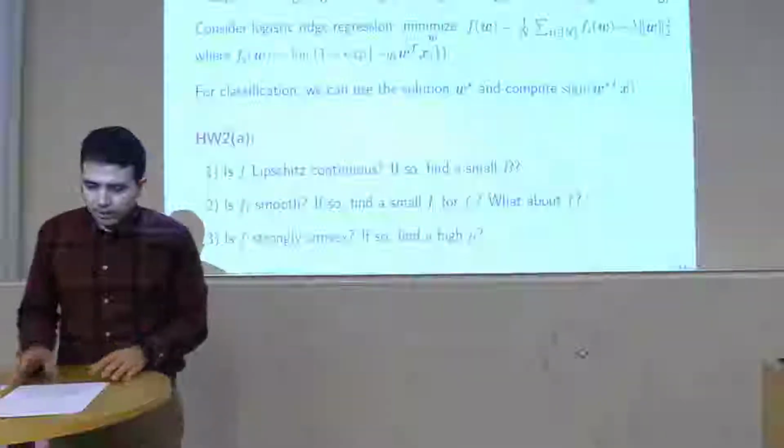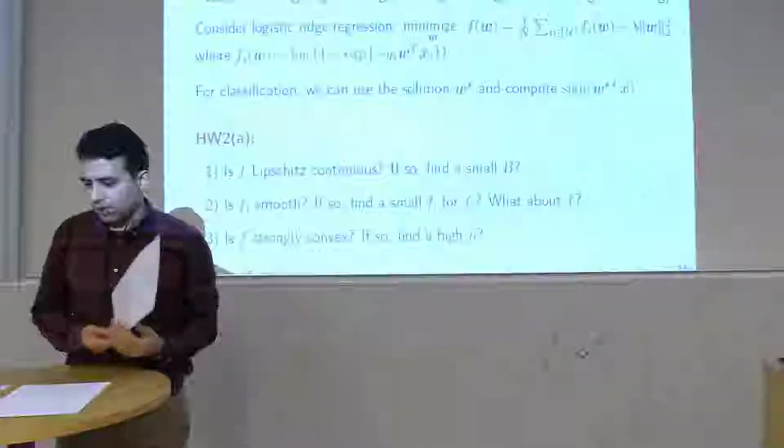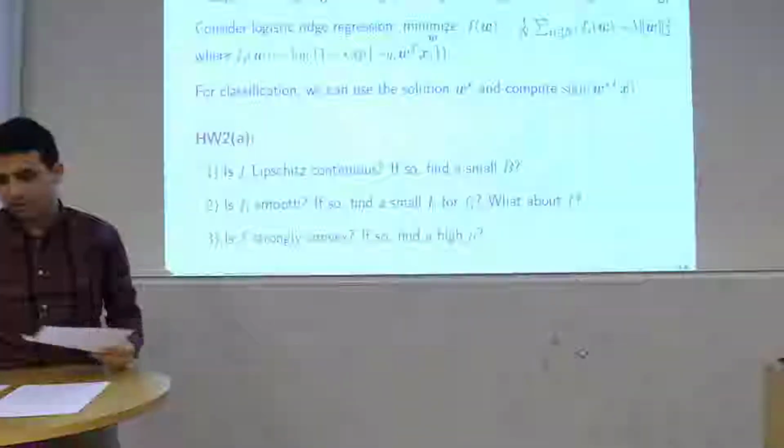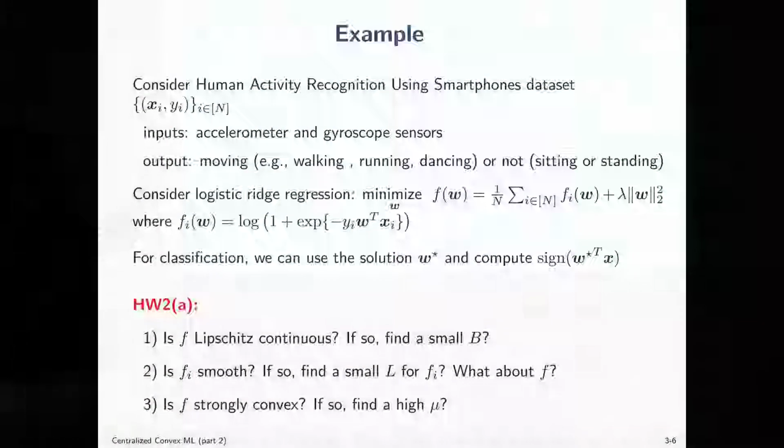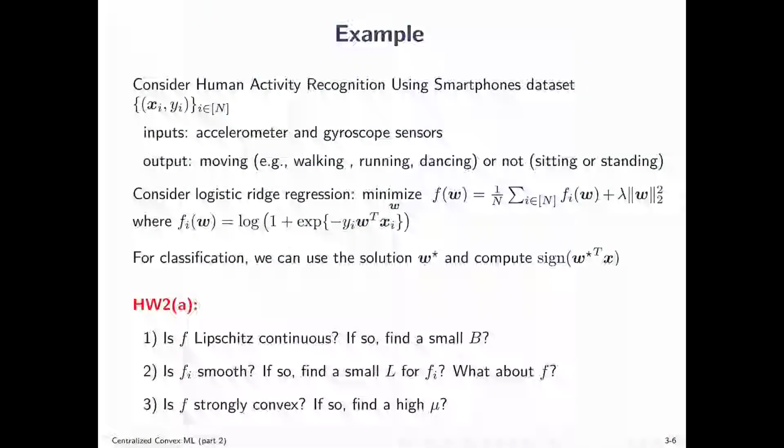So the first example, where you will see some connection of whatever we said to real machine learning. This is the setup of the problem. Just to say the importance of this problem, there is a data set that you can easily find on the internet and download, and there are descriptions of the inputs and some outputs, just look at these two outputs, either moving or not moving.